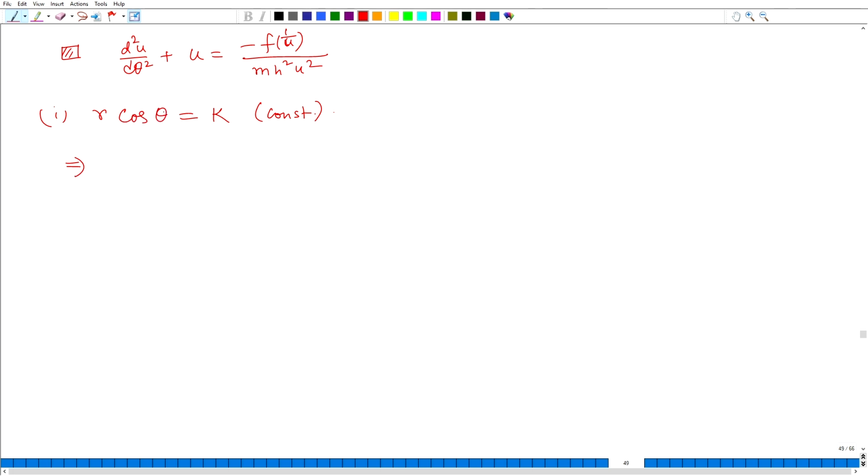So, r cos θ is equal to some constant. What I can do is write r equal to k sec θ, no problem in that. Then, of course, u, which is nothing but 1/r, is 1/(k sec θ), so it is k' cos θ, where k' is nothing but 1 over k.